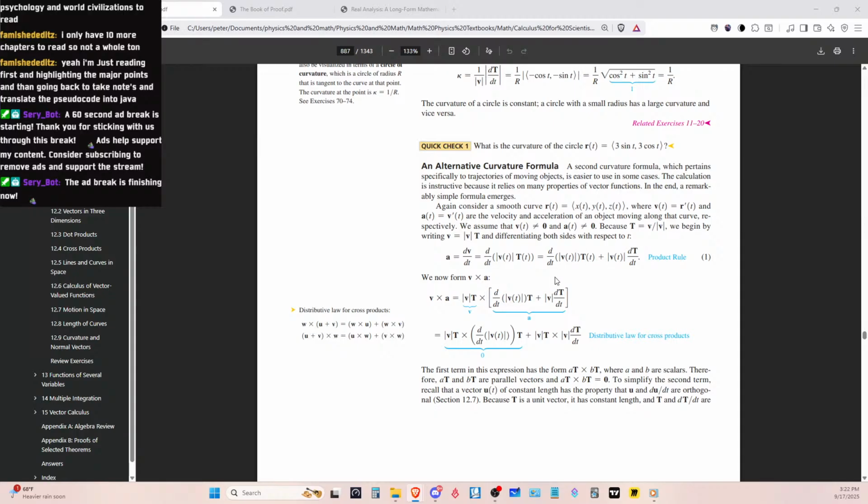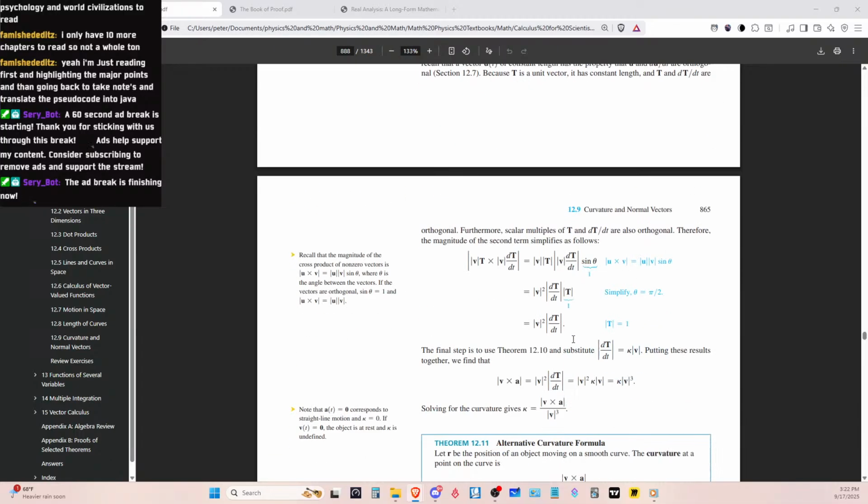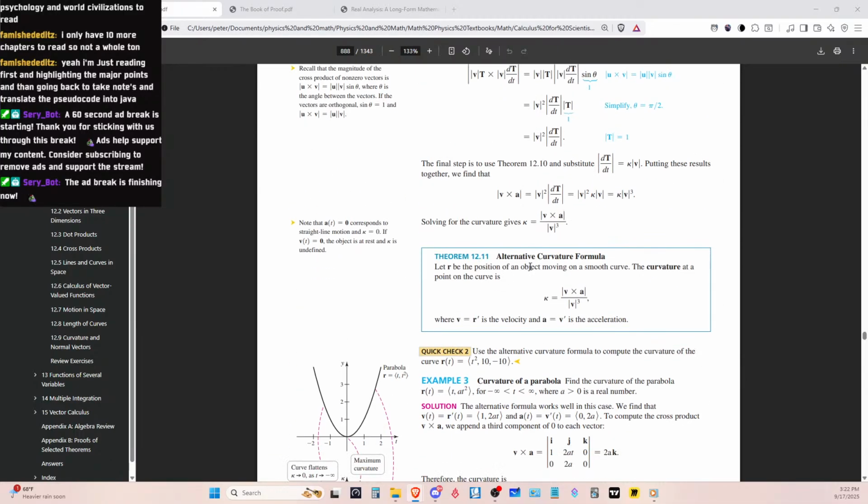I'm guessing because these are two vectors, they have to do vector multiplication. So that's an interesting way to derive curvature.